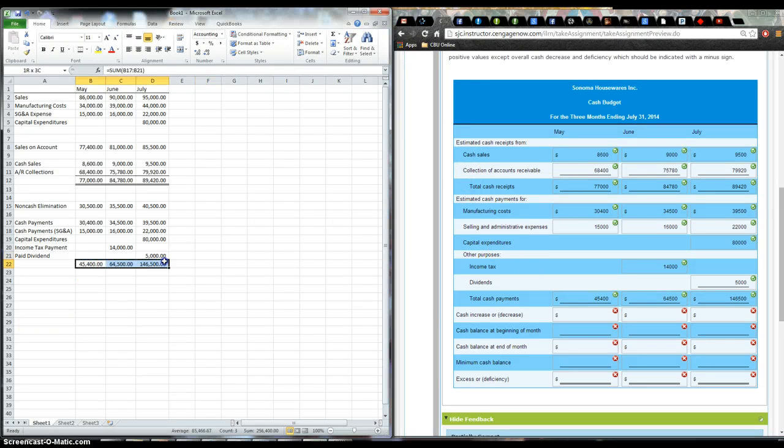So these are our total cash payments, and these were total cash receipts and payments.